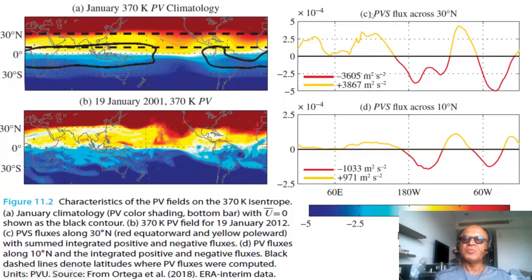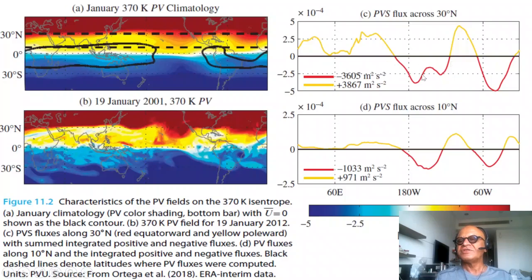They are in the potential vorticity substance units that we have just defined. And when it is positive, it is northward, so they are shown in this yellow line. When it's negative, southward across the 30 north line, it's in this thick red line.